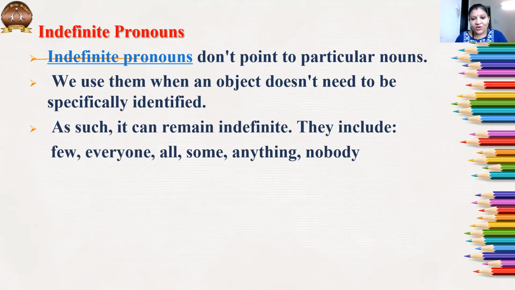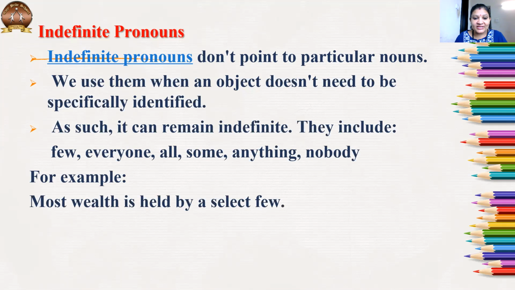Few, everyone, all, some, anything, and nobody. For example, most wealth is held by a select few. Which few? We don't know. We are not specifying it. It's indefinite. It can be anybody. Everyone is here already. Now, everyone is here already, but I'm not specifying.